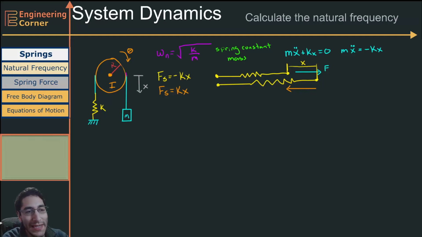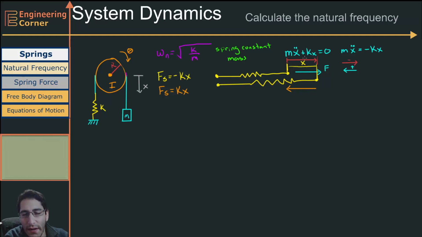Now, let's say you don't do that. An alternative way is to look at the positive direction of the problem. Let's say I said positive is to the left, and let's say I do have that restoring force. Well, this is still okay, but you do need to see that my spring has stretched this way, so this is actually in the negative direction.